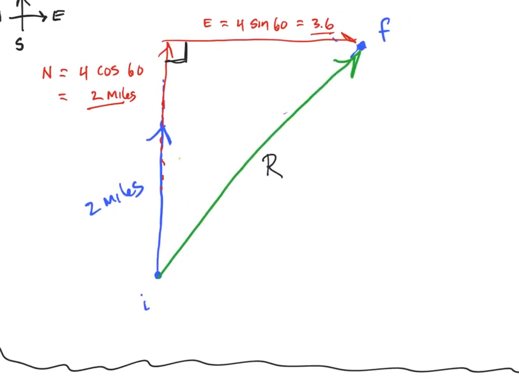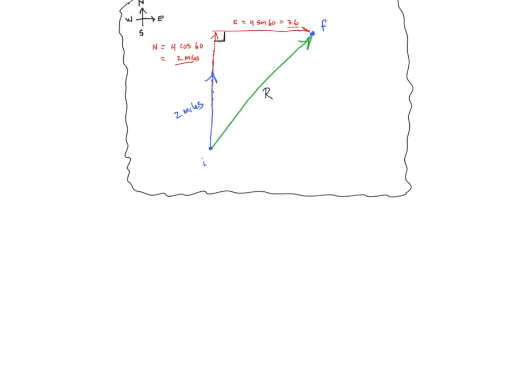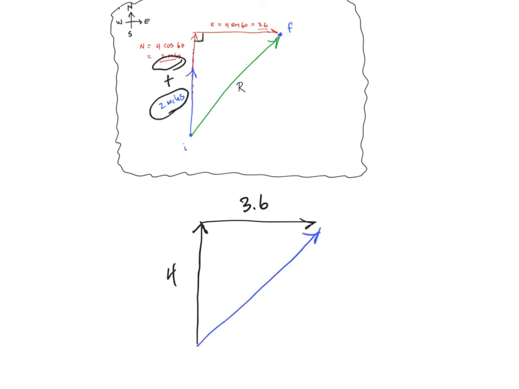So just to simplify matters, I'm going to redraw this diagram down here. What I've essentially got is one vector arrow pointed up, which is 2 plus 2, or 4, and another vector arrow pointed to the right, which is 3.6. And now we know how to combine these. I define the resultant: R is equal to the square root of 4 squared plus 3.6 squared.